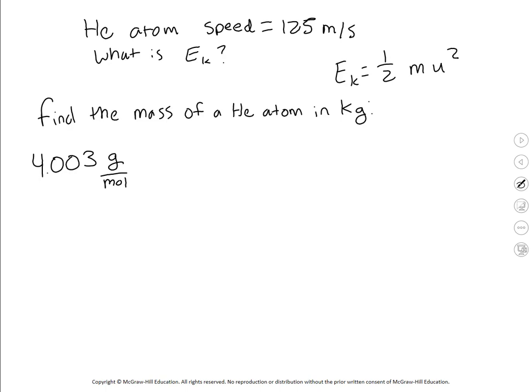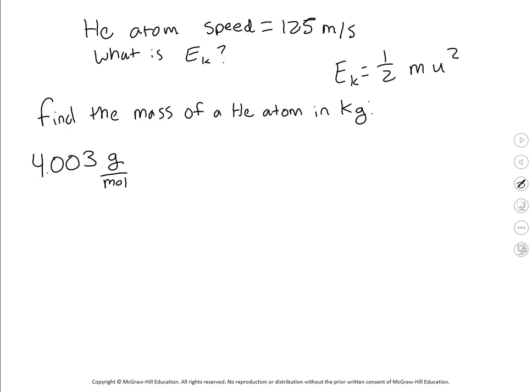So that is how many grams an entire mole of helium atoms weighs. But I don't want an entire mole. I just want 1 atom. So how many atoms are in a mole? The big number, yeah. 6.022 times 10 to the 23rd, Avogadro's number. So what do I do with Avogadro's number here?